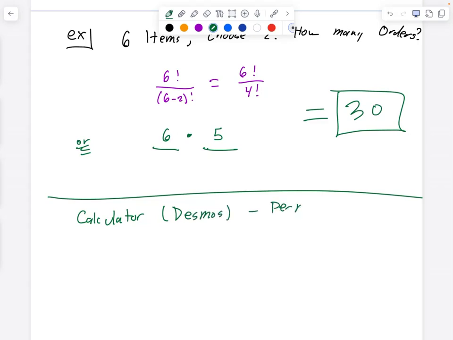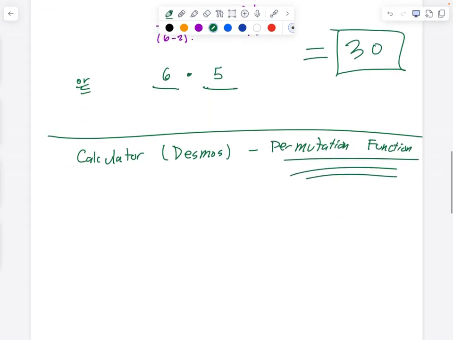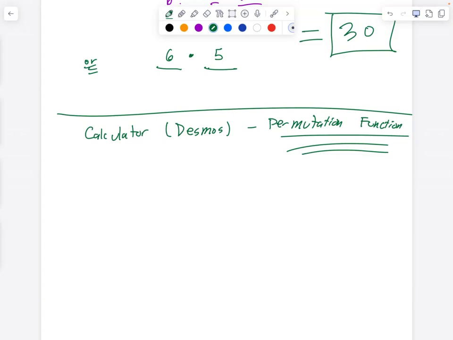How many different things are we using? And how many are we selecting? 2. So in Desmos, I'm just going to type in nPr, and then what is n? 6, comma, 2. And I'm going to type that into Desmos.